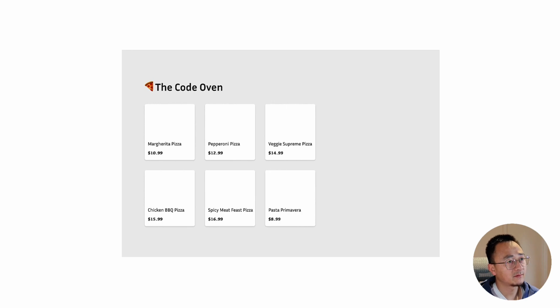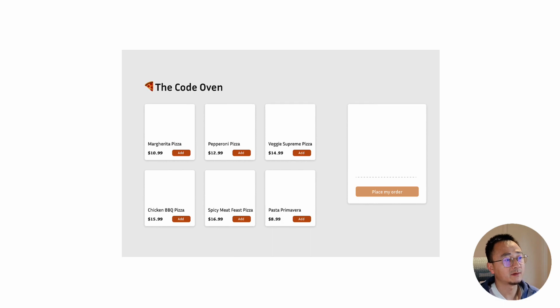And the next thing could be we can add a price to each item, and then gradually we will add a button to them, and then we have an empty shopping cart component. At the beginning the button is disabled, you cannot proceed. You can only use this as a reference or paper menu and do the orders.